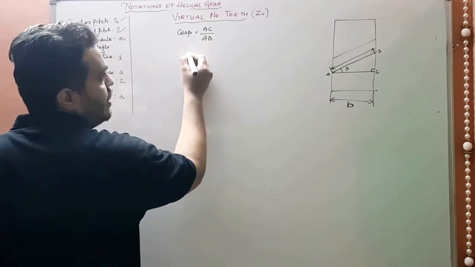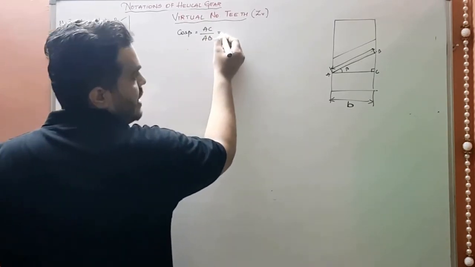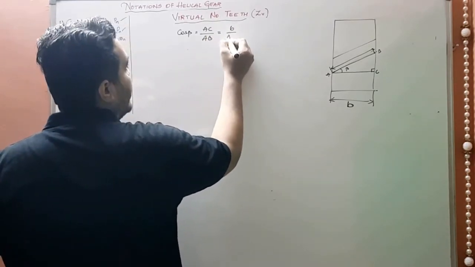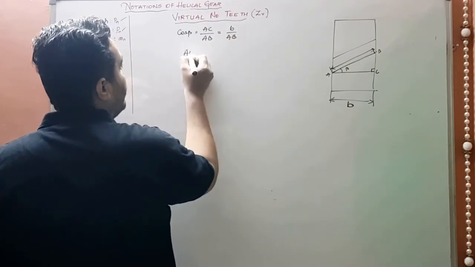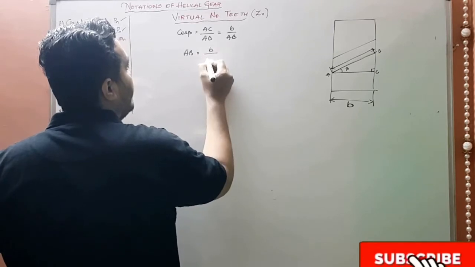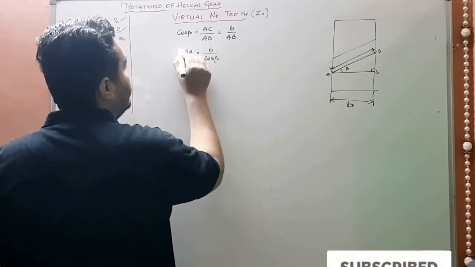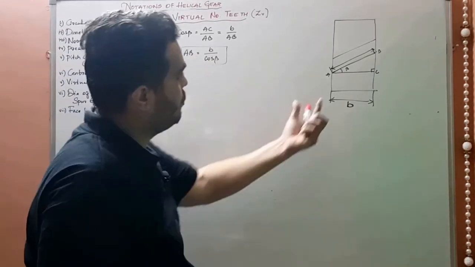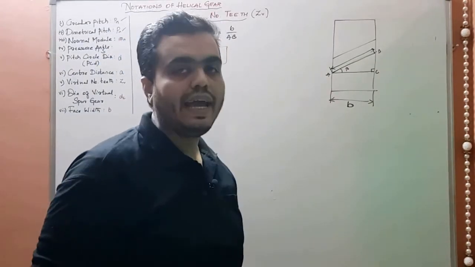What is AC here? It is b. So you will get the face width AB is equal to b by cos beta.